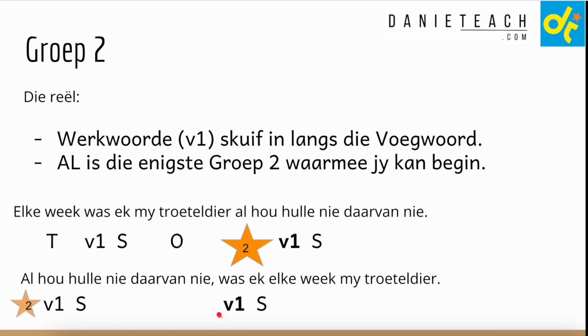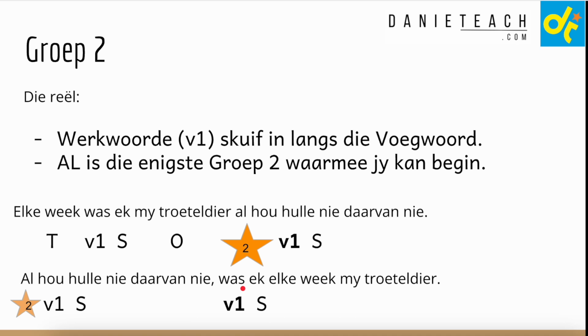And then at the end of that sentence, you put your comma. And then the only new thing that you must remember here is you are going to again move your verb 1 to the middle. So when you start with the group 2 conjunction, your verb 1s of both sentences technically move to the front of each sentence.